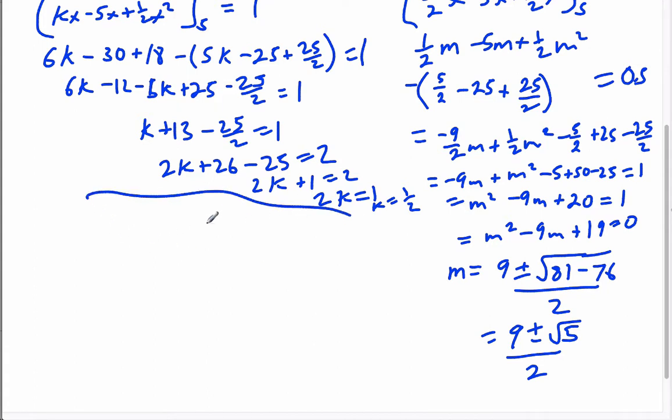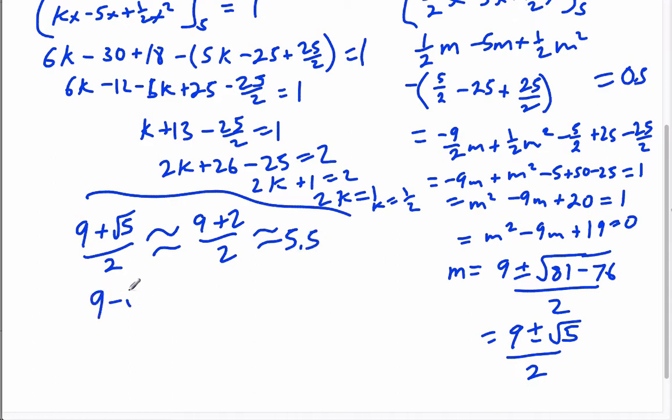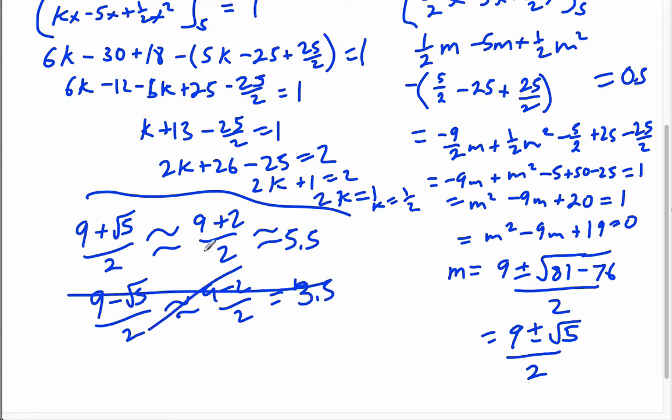So if we have 9 plus root 5 over 2, that's about 9 plus 2 over 2, or about 5.5. If you do the other one, that's about 9 minus 2 over 2, which is 3.5. So it's not this one. Okay, so our answer, our median, is 9 plus root 5 over 2.